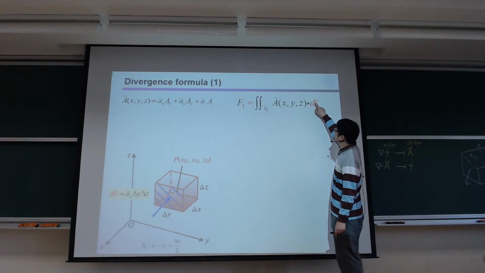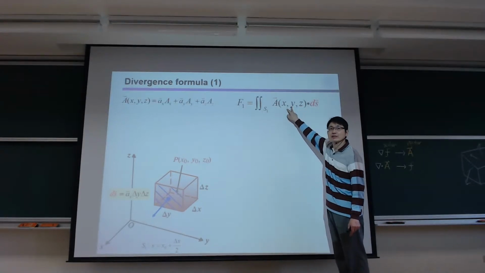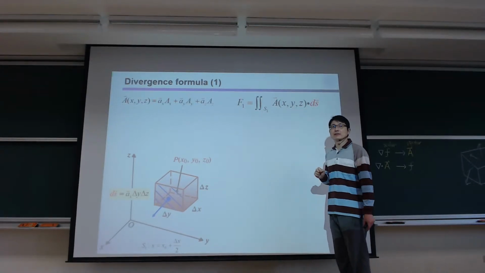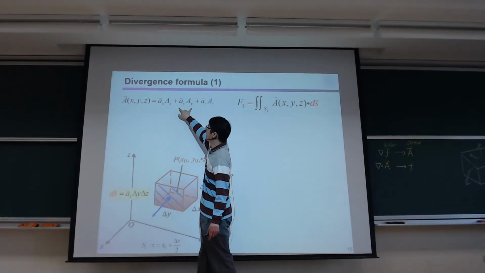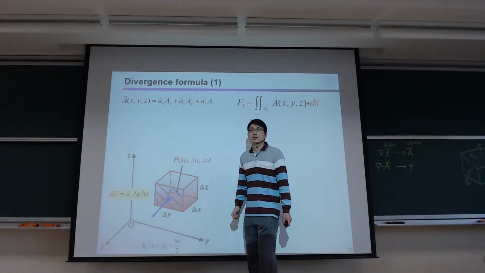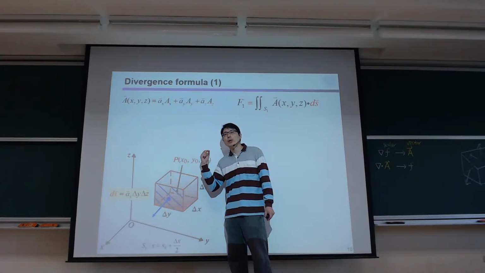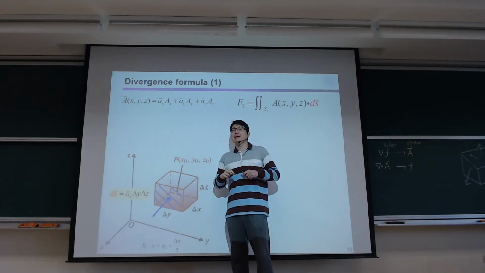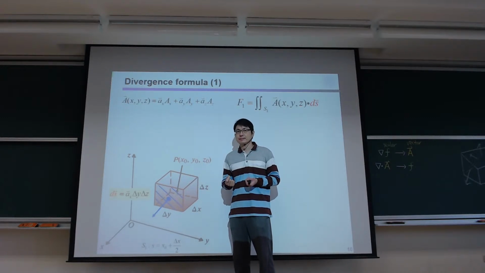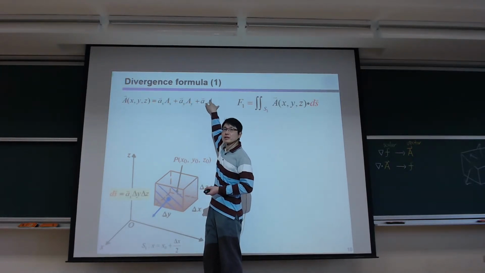So now ds, a vector, is making a dot product with the vector field. But the vector field has its own x component, y component, and z component. So for this particular surface, which field component of A is being evaluated? x, y, or z?